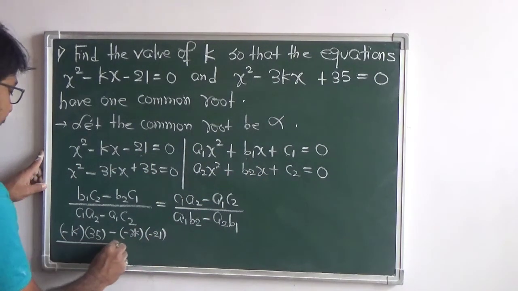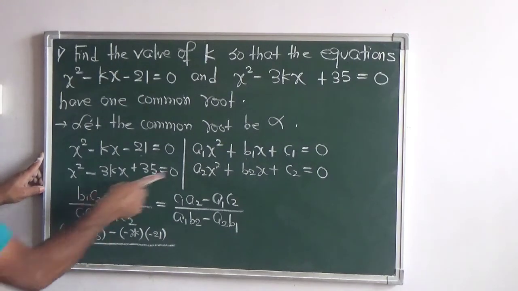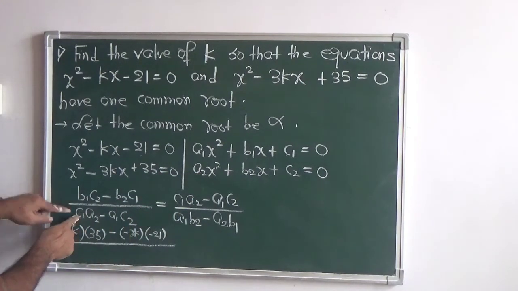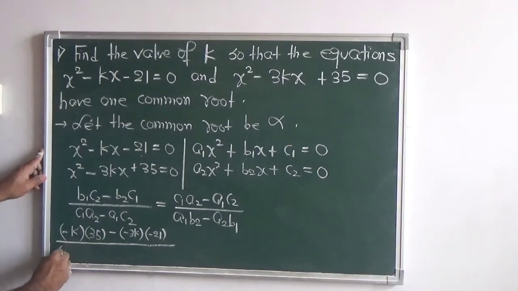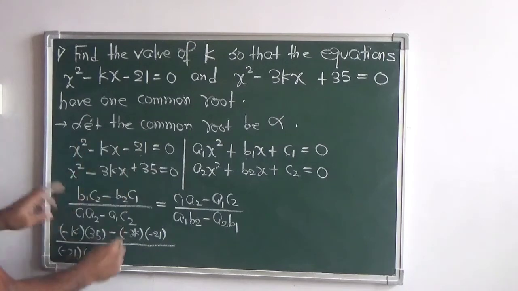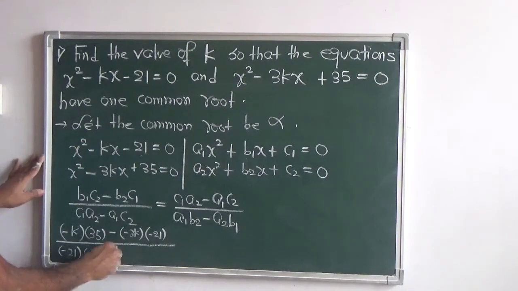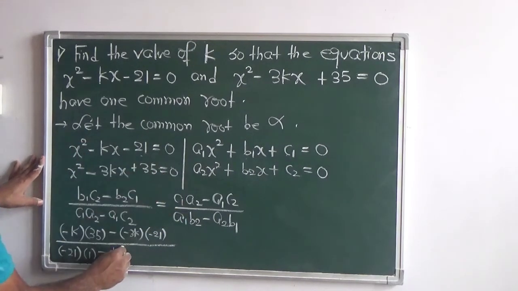Divided by, c1 is the same thing, minus 21, into a2, which is 1, minus a1, which is 1, into c2, which is 35.